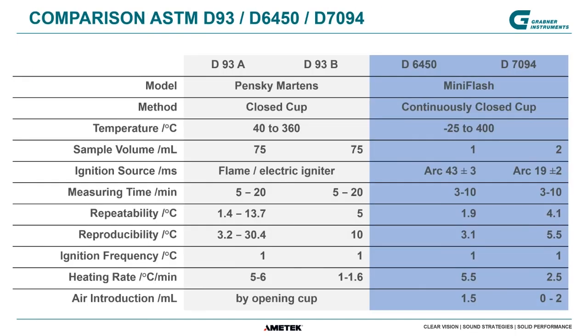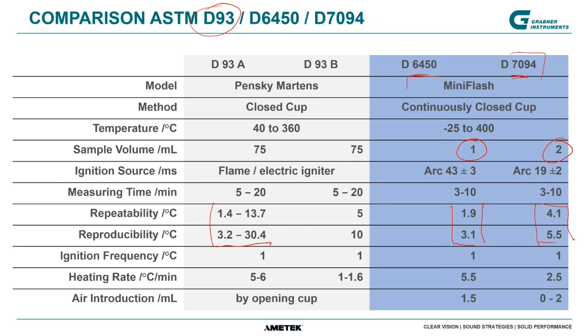So how does the standard of the MINIFLASH compare to the classical standard, the D93 of Pensky-Martens? The Pensky-Martens uses 75 milliliters of sample, while we are just using 1 milliliter or 2 milliliters, depending on the standard which you are selecting here. But the key thing is that we have a comparatively much better repeatability and also reproducibility.